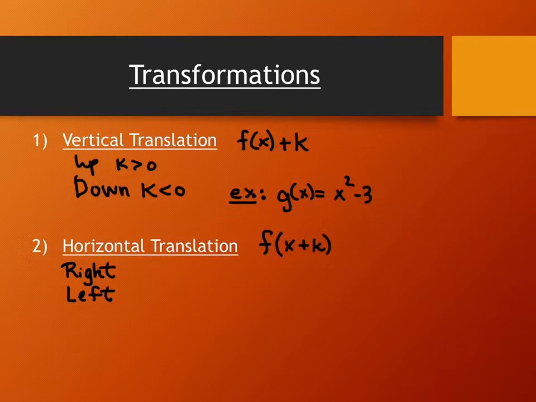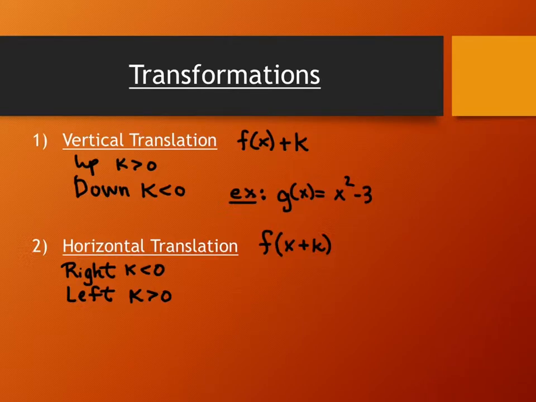Unfortunately, it does it backwards of what you would like. Of course it does, right? If the k value is negative, it moves it right, and if the k value is positive, it moves it left. So you add something that's positive, you add something that's negative. That's how I'm describing it.